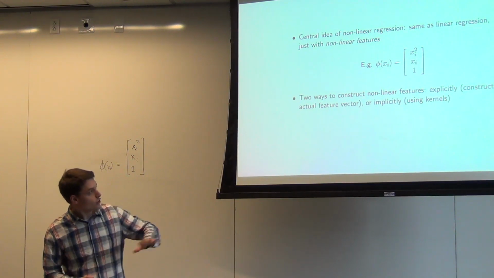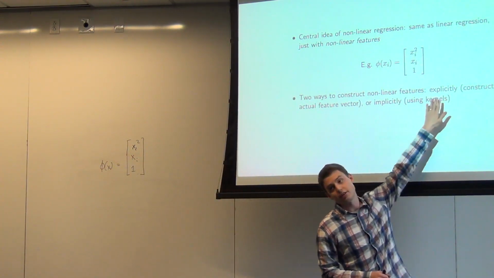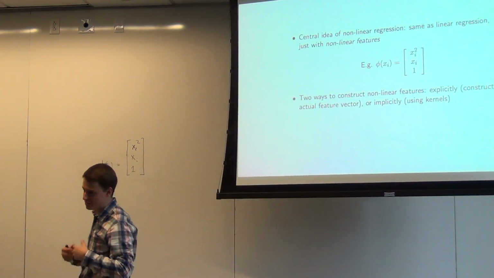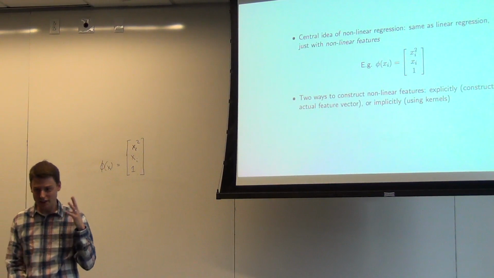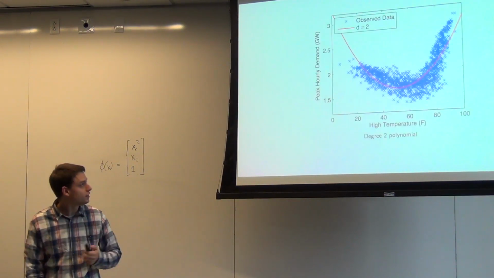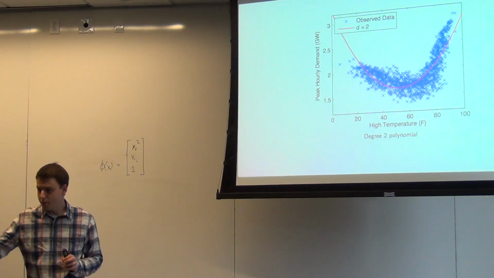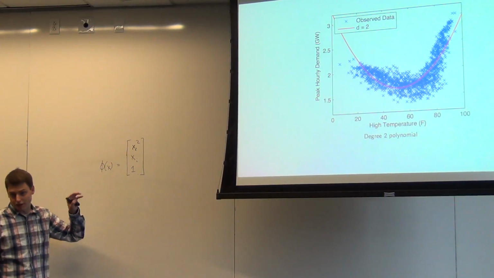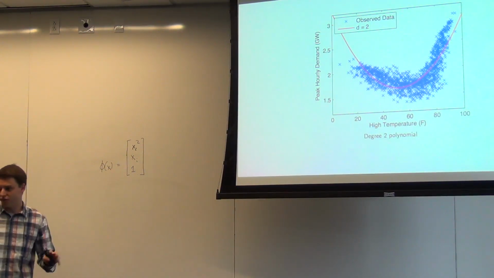So first, though, let's talk about these explicit feature vectors and how we can construct them in the most natural way, which is just to build a bigger feature vector that has more nonlinear features. So let's look at the same problem. I'm going to use linear regression for the algorithm. The algorithm is exactly the same, right?